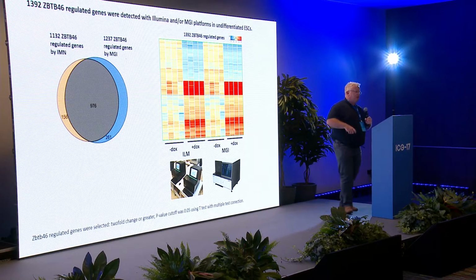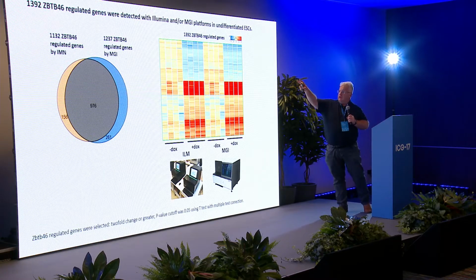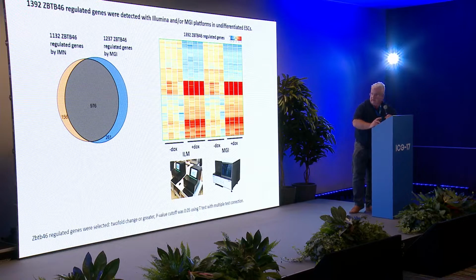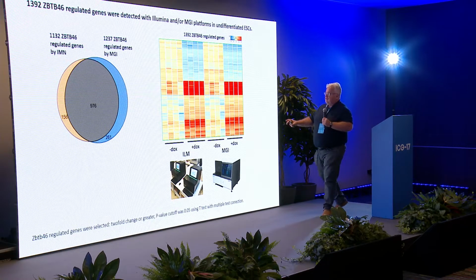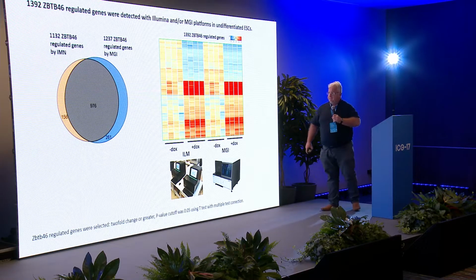Obviously, the red color represents the positive regulation. The blue is the negatively regulated genes. So we got highly overlapping gene sets. And if we put together all of the regulated genes and apply hierarchical clustering, you can see the gene expression pattern. This is very, very similar if you compare the two technologies.